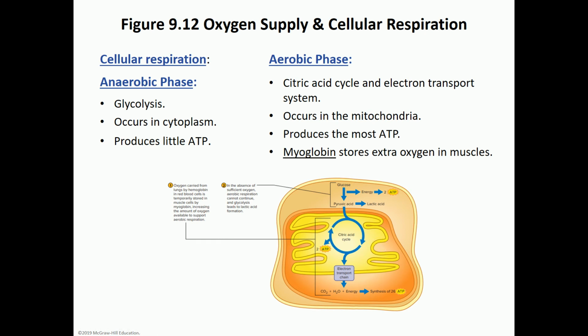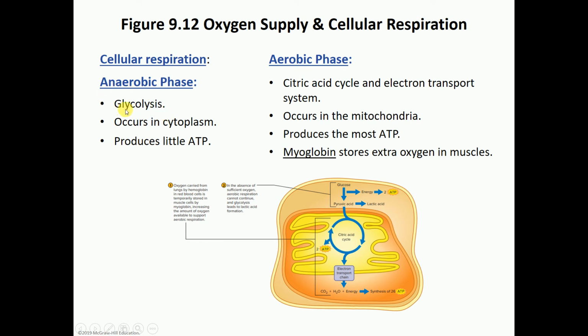So what different kinds of cellular respiration do we have? Cellular respiration is basically taking a glucose molecule, breaking it down, and using it to make ATP. There are two different kinds of cellular respiration. One is anaerobic, that does not need oxygen, and that is known as glycolysis.